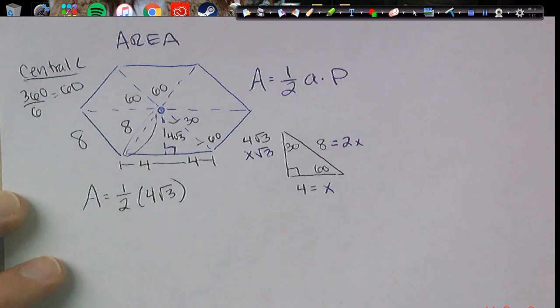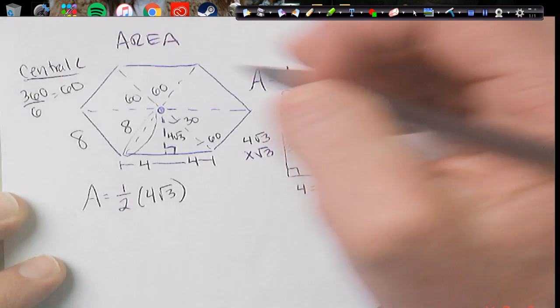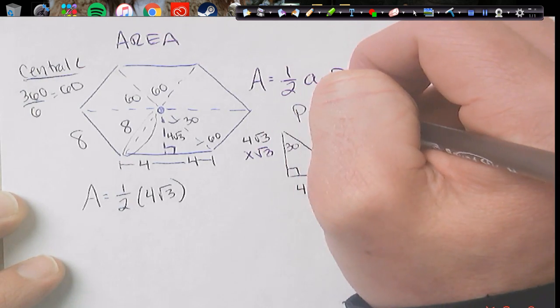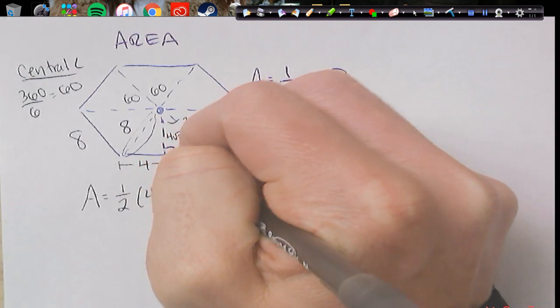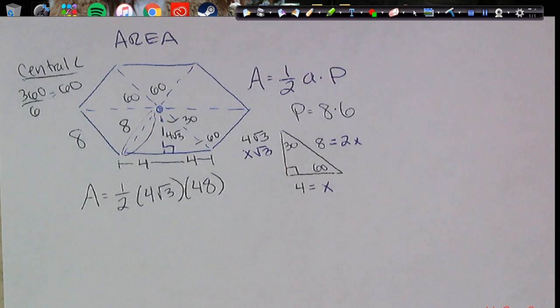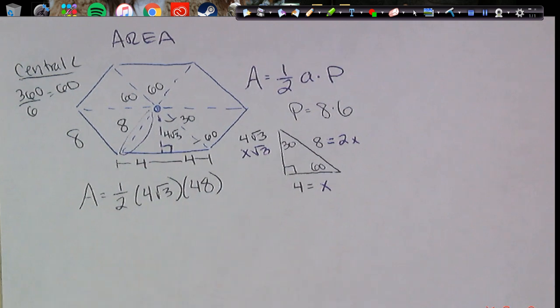And because of that 8, we're going to do 8 times 6 to get the perimeter. Okay. To get what our perimeter is going to be. So we multiply those, and we should get 48. And now we're going to multiply everything together. Half of 4 is 2.